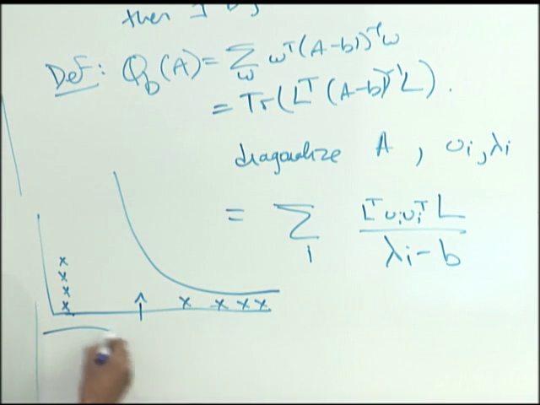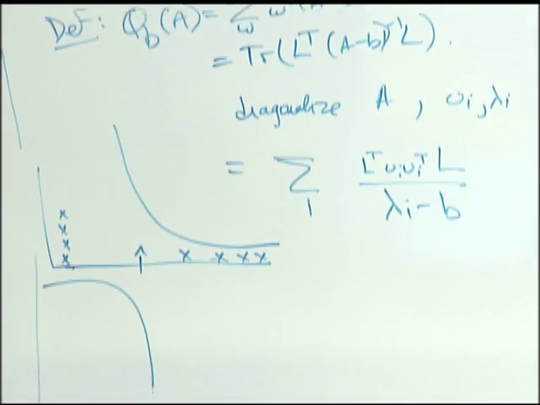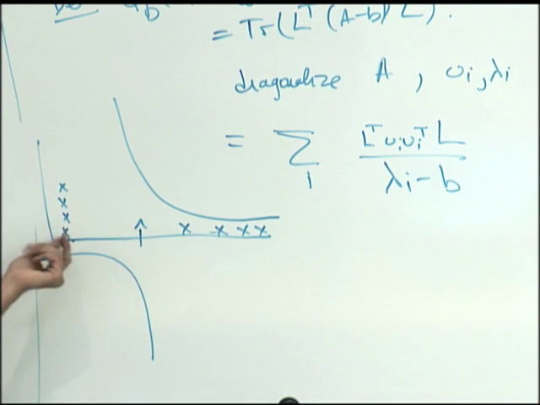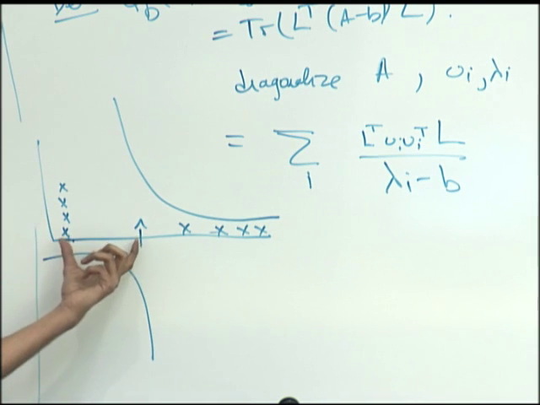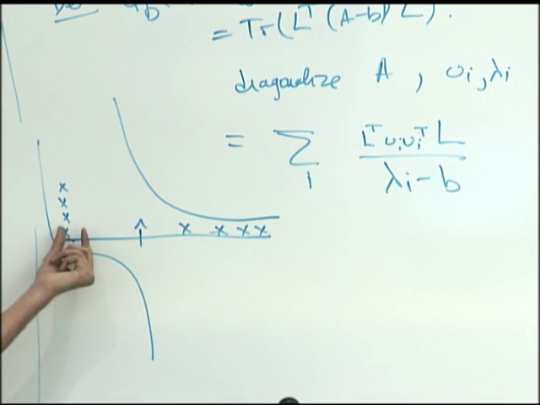And everybody who's negative looks like this. By the induction hypothesis, there's nobody in the middle here, but the contribution of these is negative, and it gets more negative as the barrier gets closer to 0.